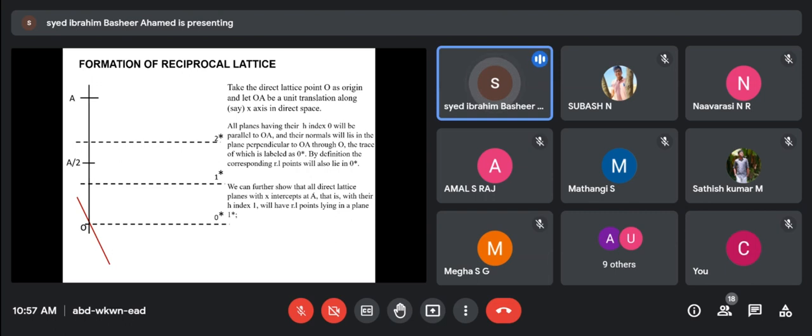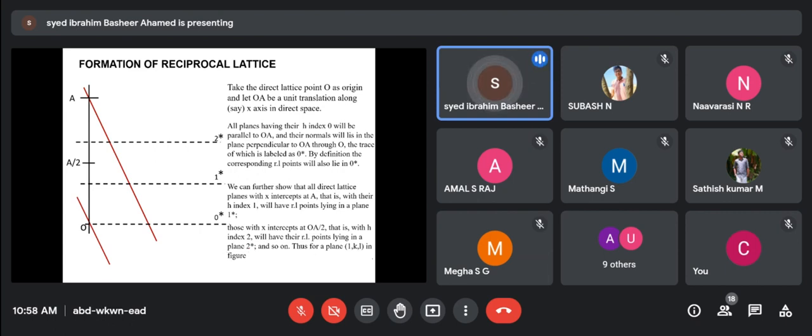We can further show that all direct lattice planes with the x-intercept at A, that is with H index 1, will have reciprocal lattice points lying in the plane 1 star. And those with x-intercept at OA by 2, H index 2, will have reciprocal lattice points lying in 2 star, and so on.